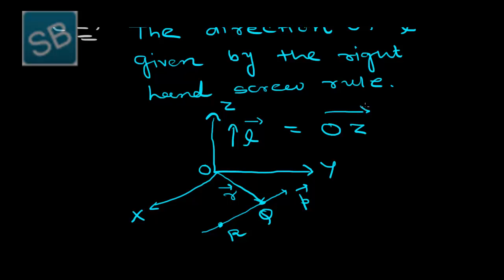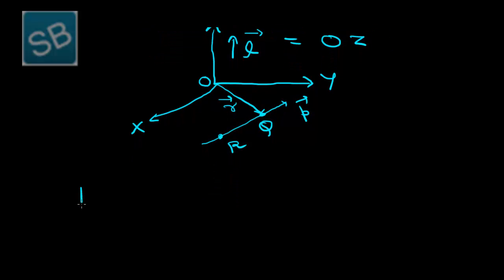Similarly, if you want to find out the actual magnitude, then modulus L is given by modulus r cross p, that is equal to rp sin theta.